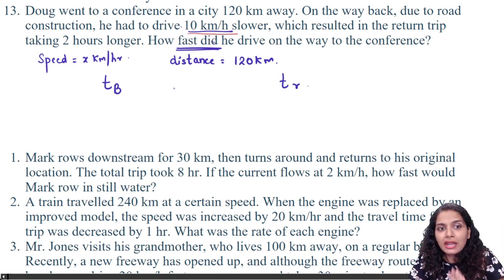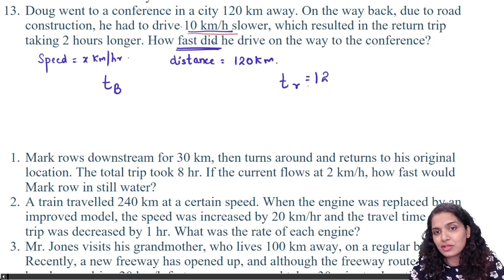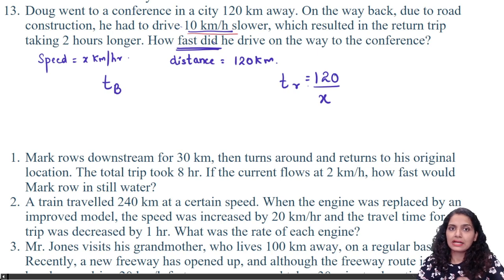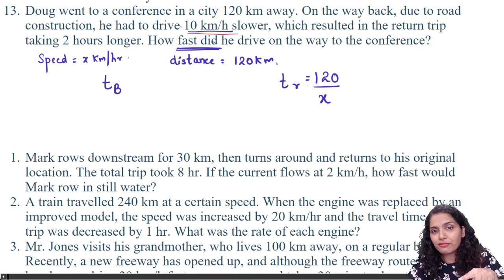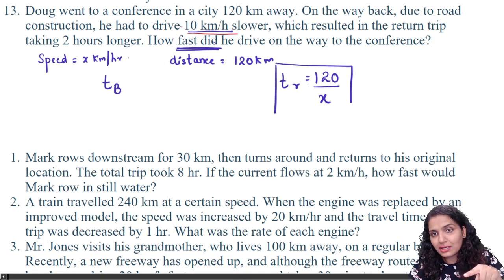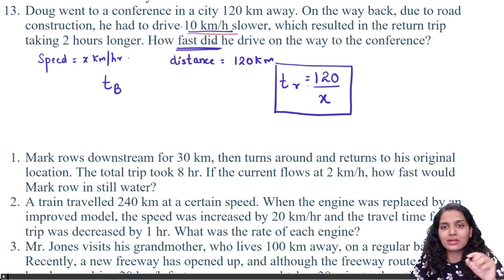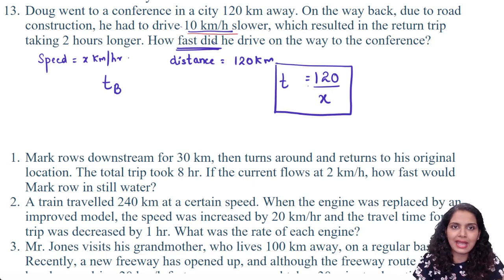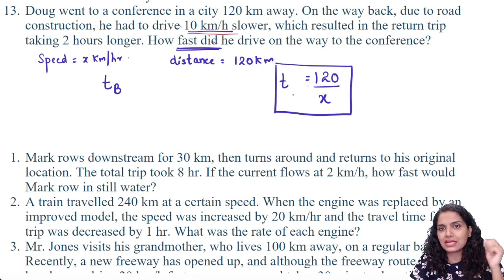When the normal case is there, the time for the normal case will be distance upon speed, correct? Yes, 120 upon x. Now he went to the conference with the speed x and it took tr time. I'm just taking tr, you can mark anything. I'm just taking it as tr.